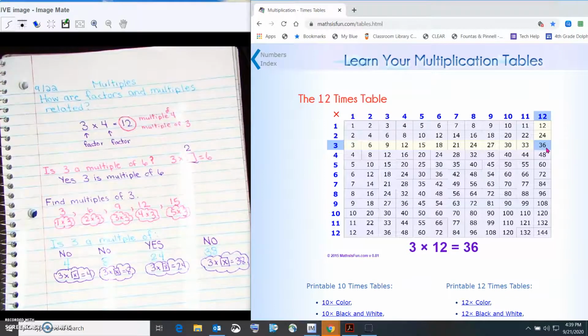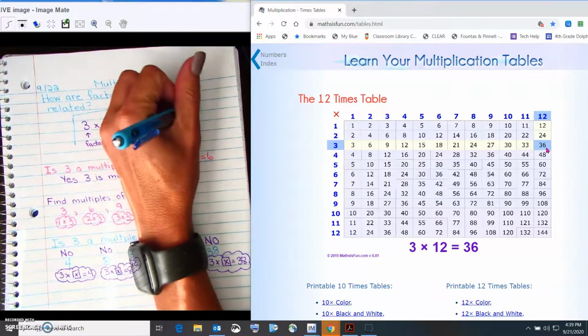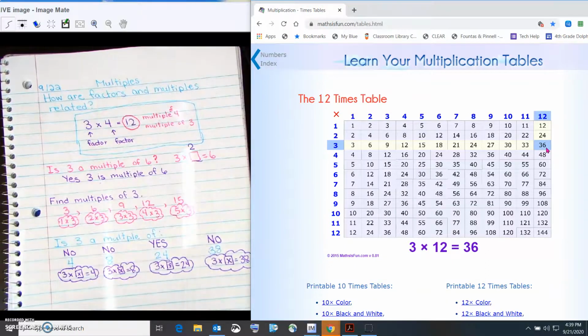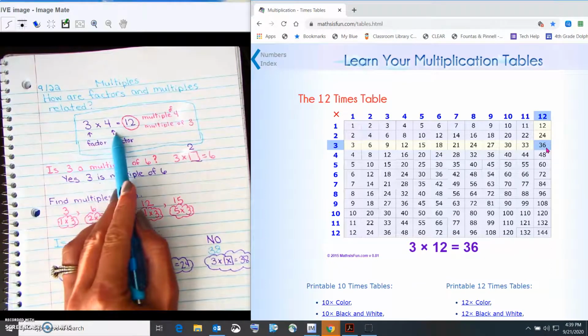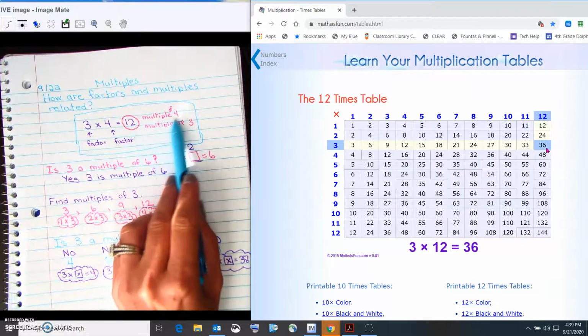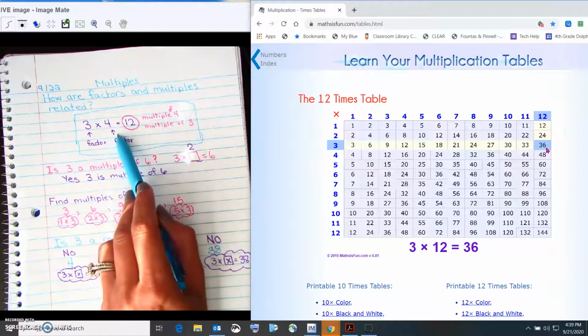This right here is an important thing to help you remember between factors and multiples. These two are the factors, this is the multiple. So 12 is a multiple of 4 and a multiple of 3.